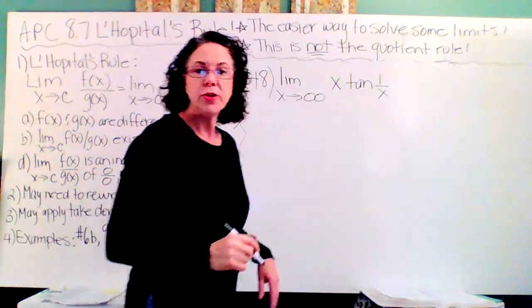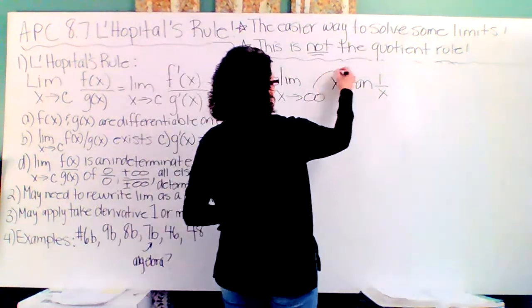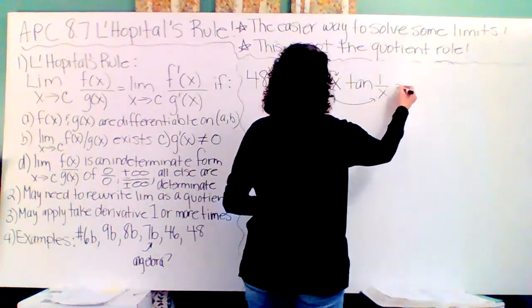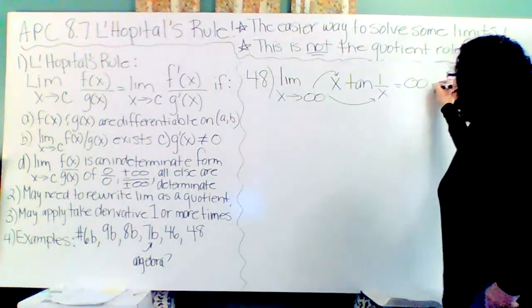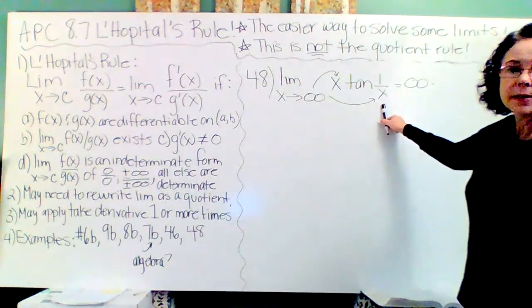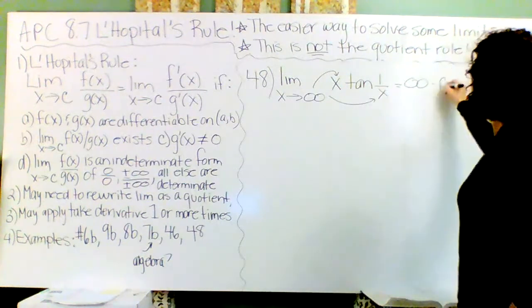Okay, let's try direct substitution. Right, we get infinity times... Now, 1 over infinity is 0, tangent of 0 is 0, okay.